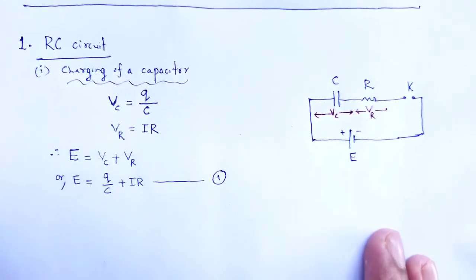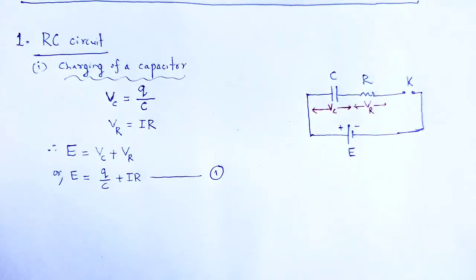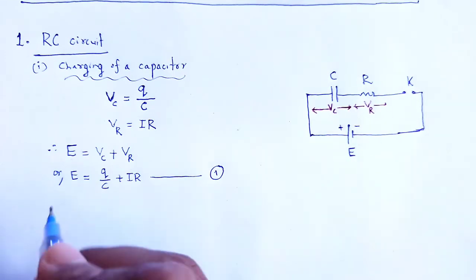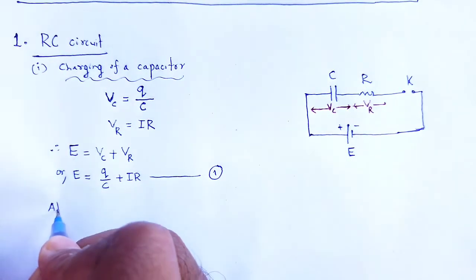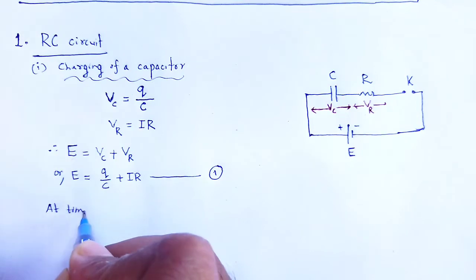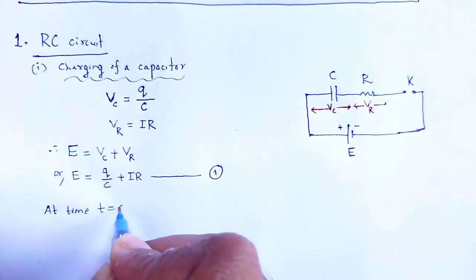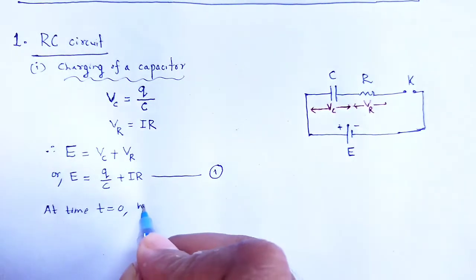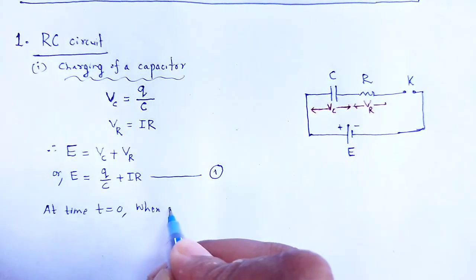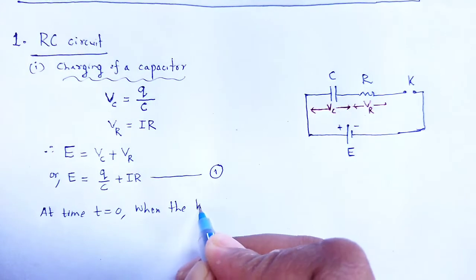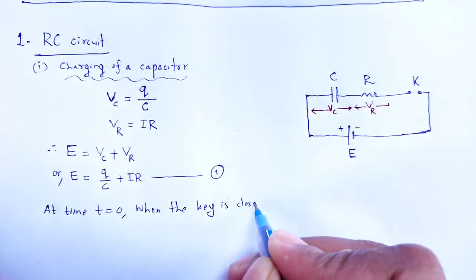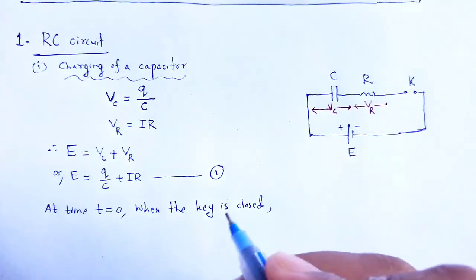Now, we take the condition when at time t is equal to 0, that is when the key is closed. What happened in that particular case?